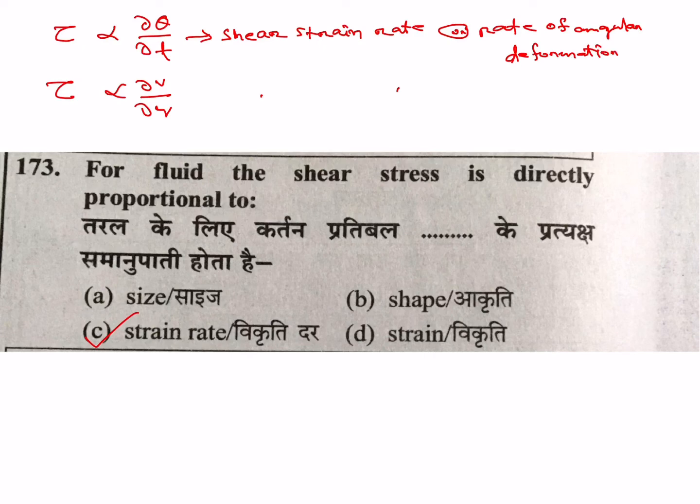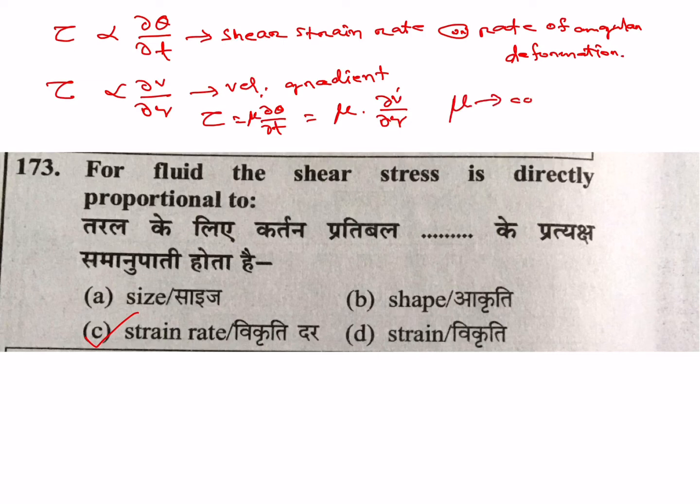Or tau equal to dv by dy also you can write. This one is your velocity gradient. Then tau equal to mu into d theta by dt, or it's equal to mu dv by dy, velocity gradient.